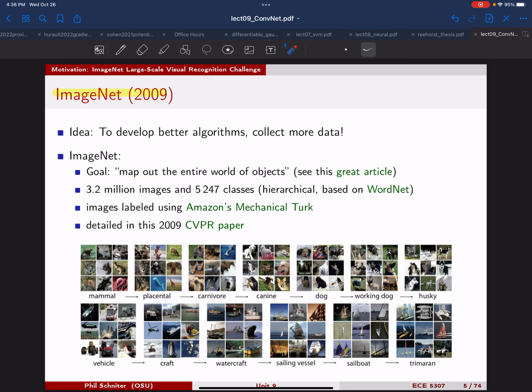Images are easy to find on the internet, but images with labels are much more difficult, especially at that time. So what they did is they used something called Amazon's Mechanical Turk, which is a service that Amazon provides.